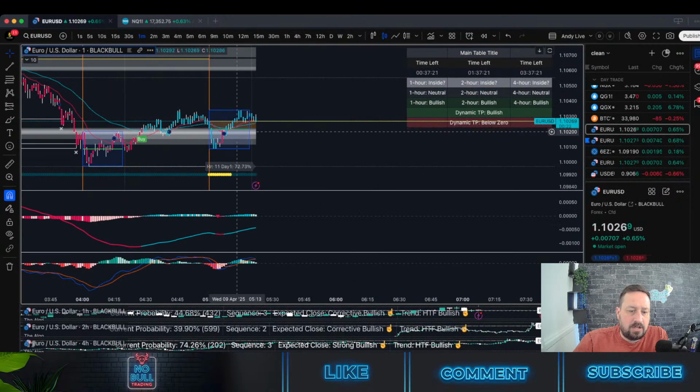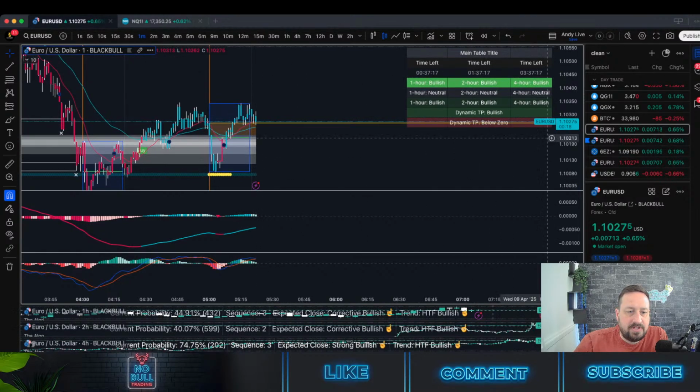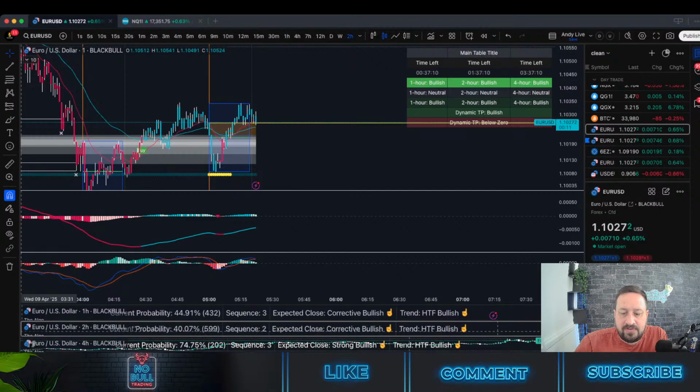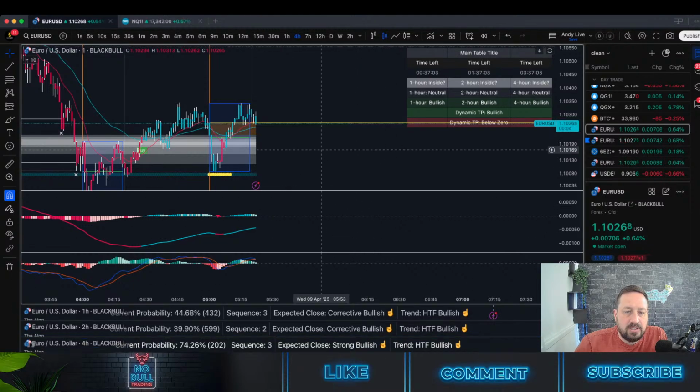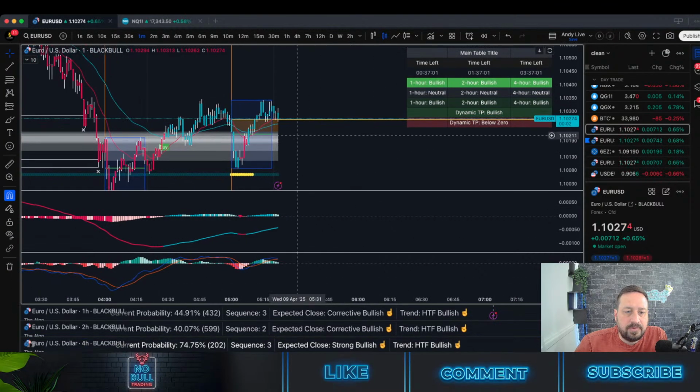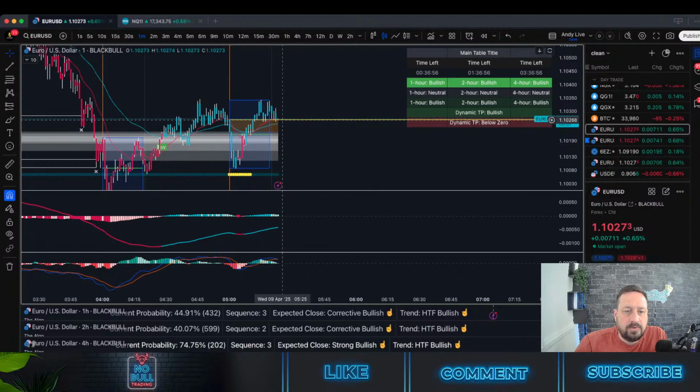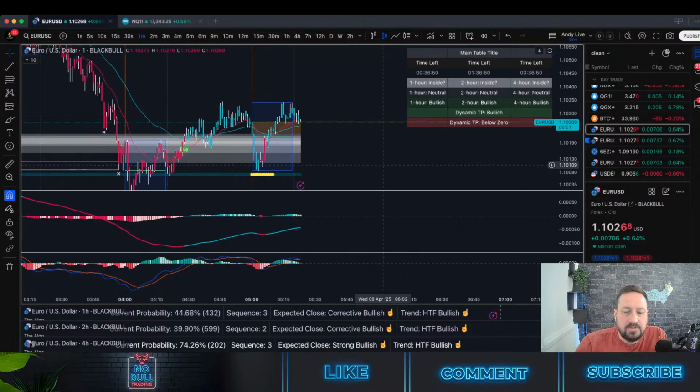So Euro does close above the 50% in the 20 minutes, meaning that we're more likely to have a bullish hour, right? We're 50-50 on the hourly, a little bit more bearish, and the 4 hour is bullish, right? So we are expecting this high to go based on MaxAlgo and some of the stats we've got in MaxAlgo.